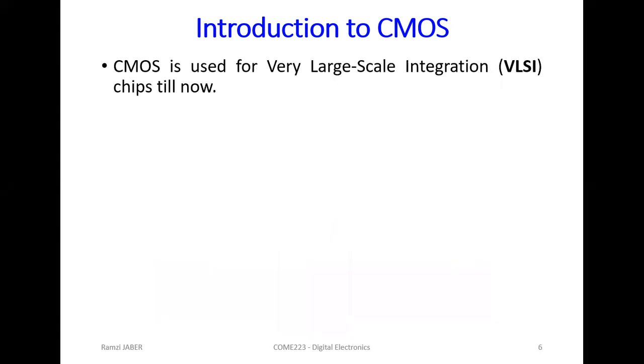Because of that, CMOS is used for very large scale integration, VLSI chips, till today. All your mobile phones, except some, use a CMOS processor or CMOS transistors inside.